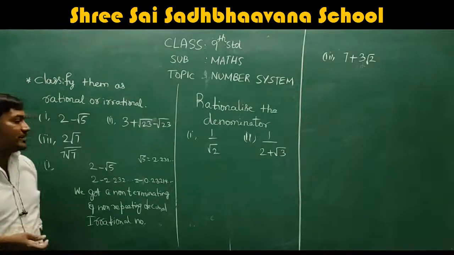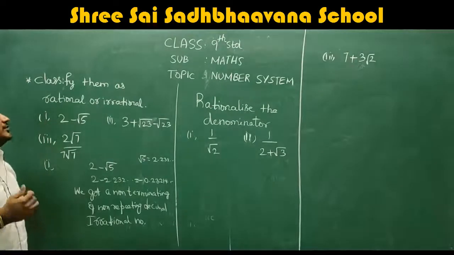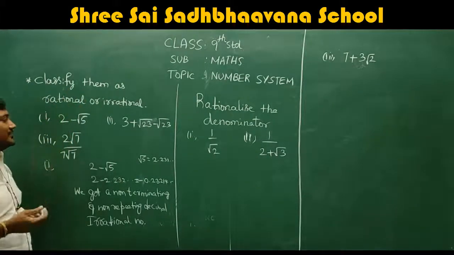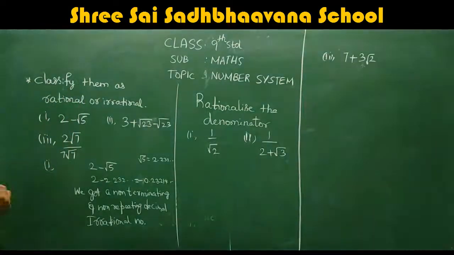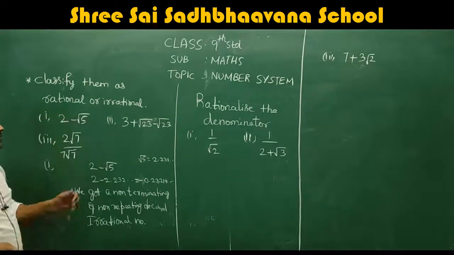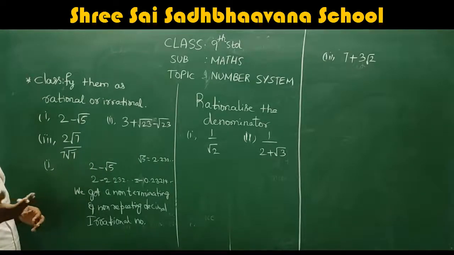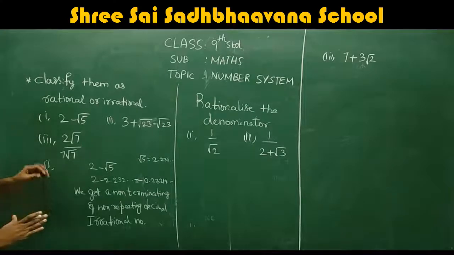I'll just explain once again. The question is to check whether the given numbers are rational or irrational. So 2 minus root 5. What is the value of root 5? Approximately 2.231 or 2.232, an approximate value as I told.